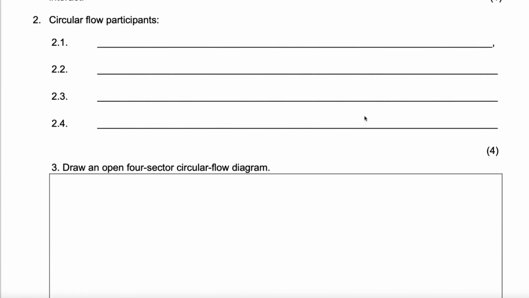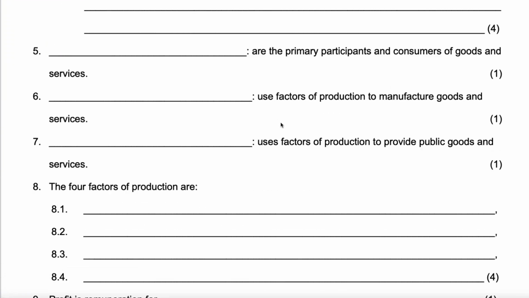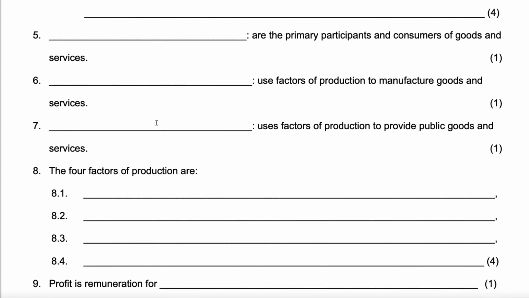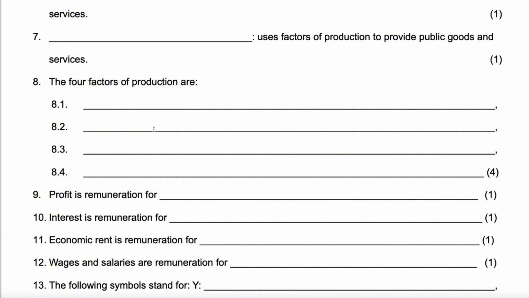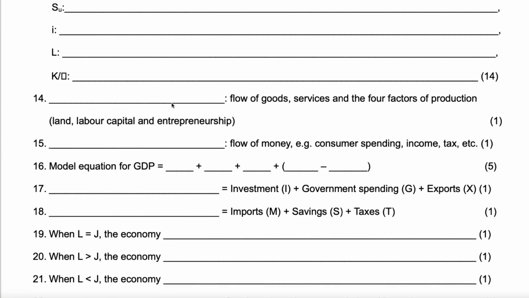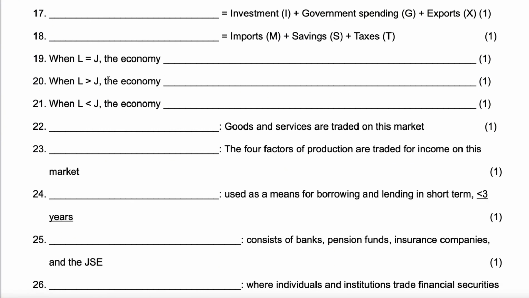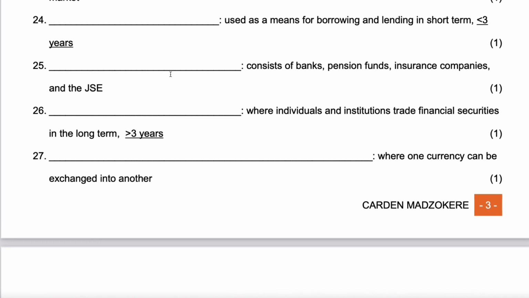So you see here, circular flow participants, drawing the diagram itself, knowing the relationship, and then our participants being defined, and then our factors of production and the remuneration, all our economic symbols. And then here we have flows, real and money, we saw it, C, G, I, X, M, all that, leakages and injections, when who is bigger than who, what happens, we saw this a lot.